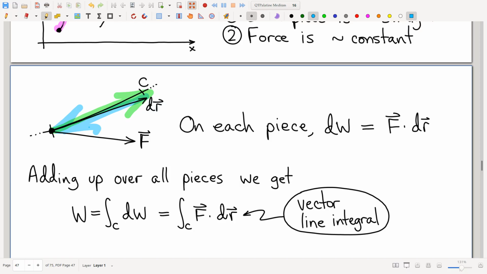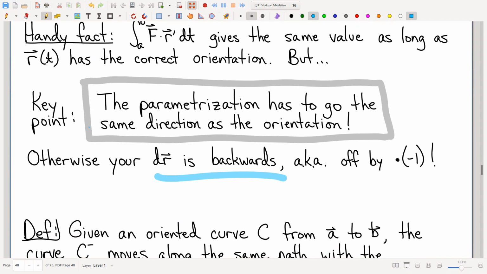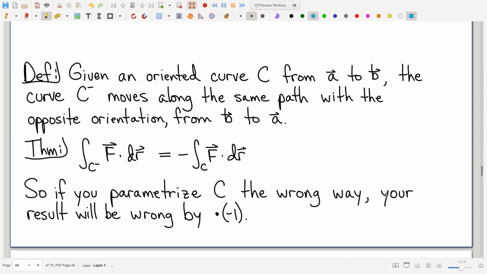Which means that every term in your integral, every term in the Riemann sum that you're adding up to get that integral, is off by a minus sign. And the good news is that it's not just that you'll get a wrong answer, but here is exactly how you will be wrong. You'll be wrong by exactly a minus sign. And it's very convenient to notice how you're off by exactly a minus sign.